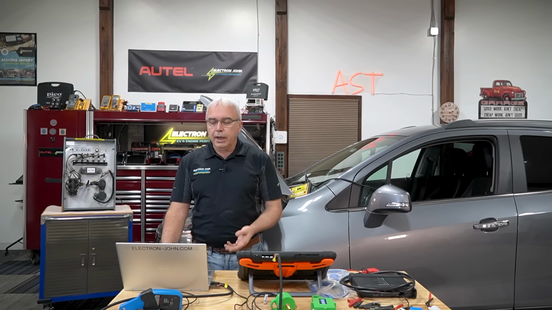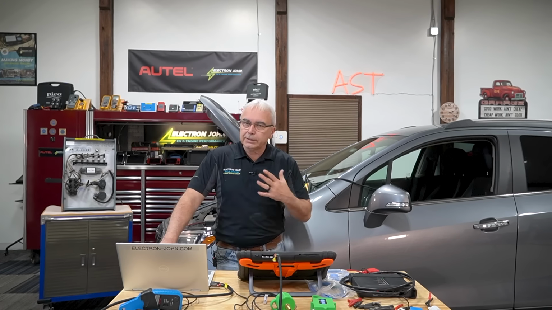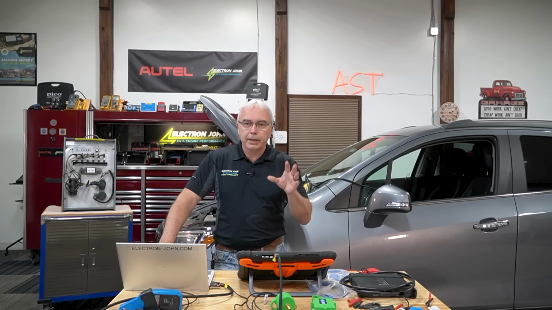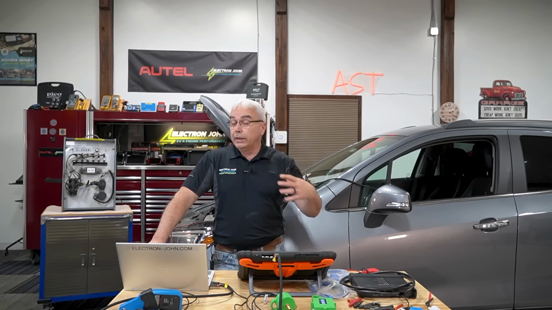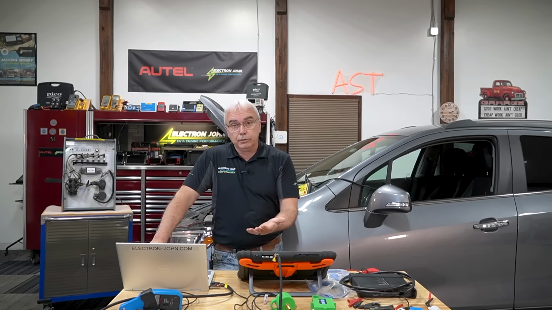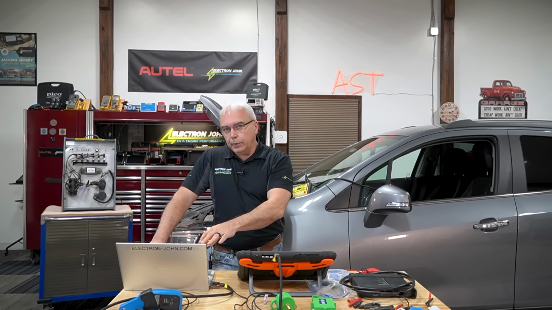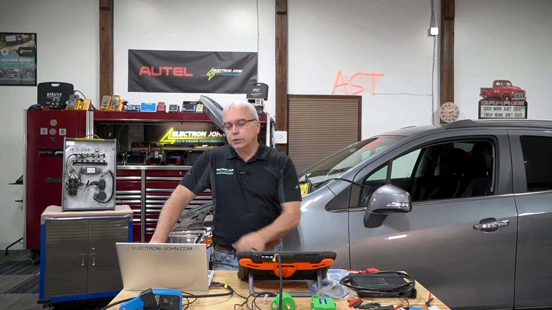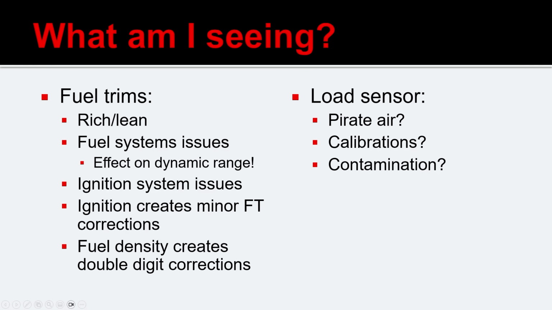So then I also have 2 more PIDs that we talked about as my 6 go-to PIDs, right? If you watched any of my electric vehicle classes, you know that in those types of vehicles I have 20 go-to PIDs. But in drivability related stuff, way easier, only 6. So I'm also looking at fuel trims and my load sensor. Again, my load sensor, whether it's mass airflow or MAP, doesn't much matter.